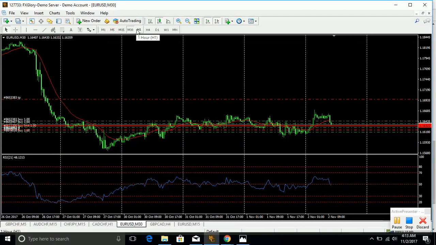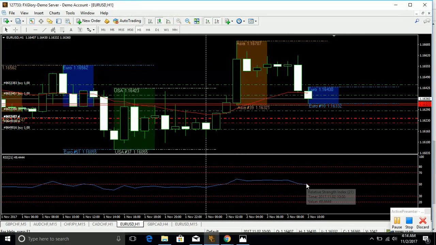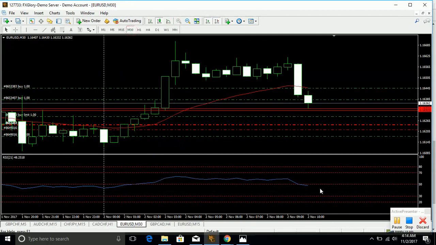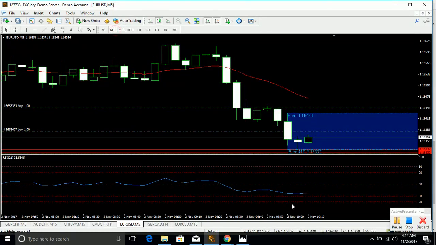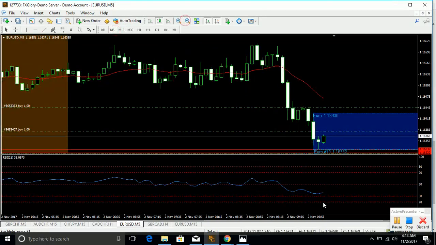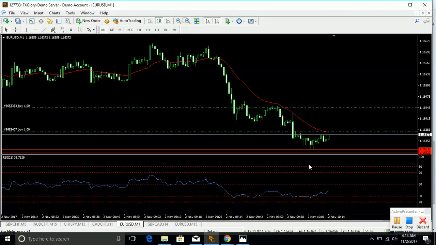The 1 hour, we're being supported by the baseline, which is the 50. 30 minute, we're also being supported. 15 minute, we dipped below, but we're being supported. 5 minute, we are being supported coming from the buy level. And on the 1 minute, we are ultimately all the way in the buy level, buy zone.